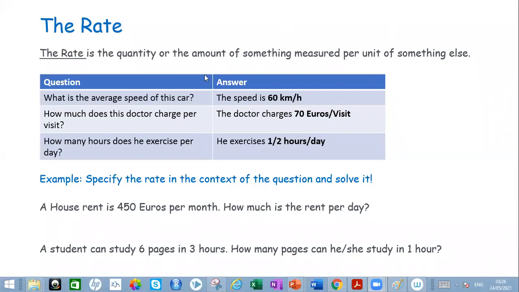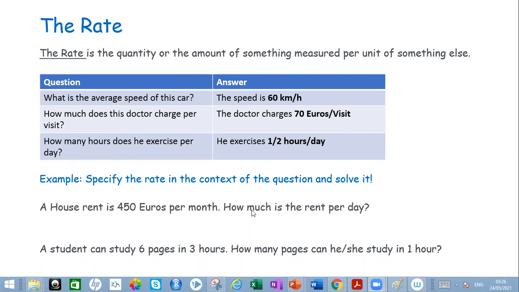So let's take, for example, this question. Specify the rate in the context of the question and solve it. So the first question says, the house rent is 450 euros per month. How much is the rent per day?